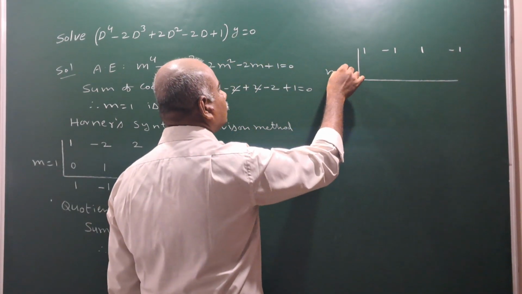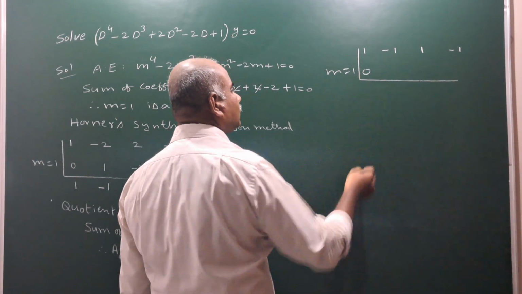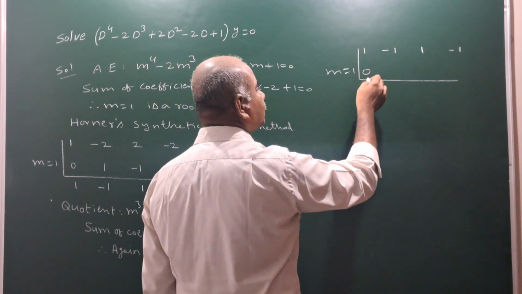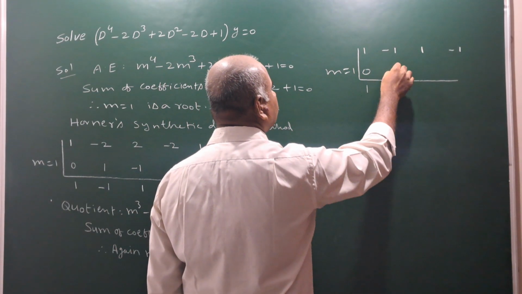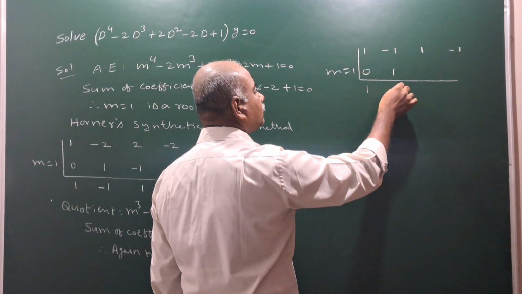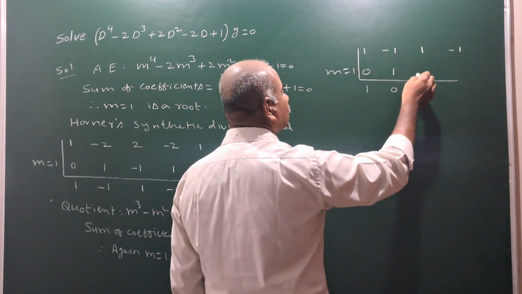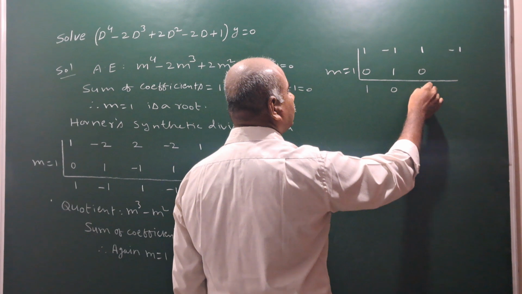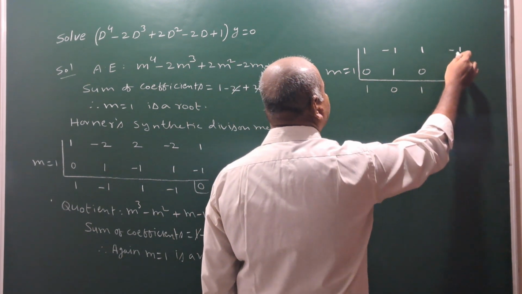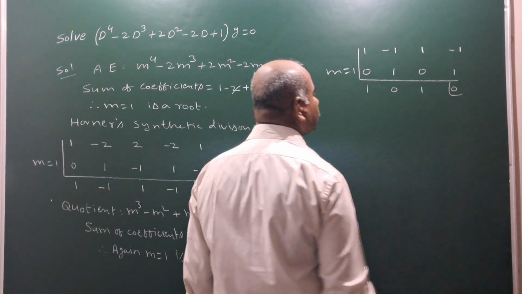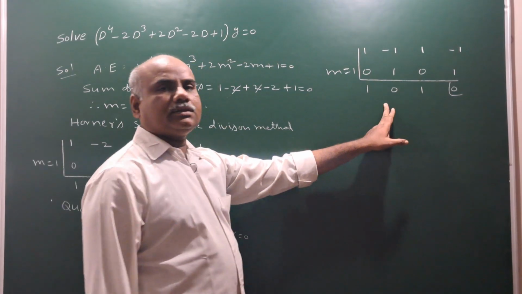So m = 1, keep 0 here, that is the procedure. 1 plus 0 is 1, 1 into 1 is 1, minus 1 plus 1 is 0, 1 into 0 is 0. Right here, 1 plus 0 is 1, 1 into 1 is 1, minus 1 plus 1 is 0. So this is the remainder and this is the new quotient.